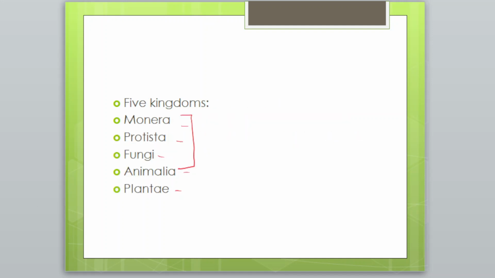This 5 kingdom system was an important development in microbial taxonomy, but it is no longer accepted by microbiologists now. Why is this not accepted?